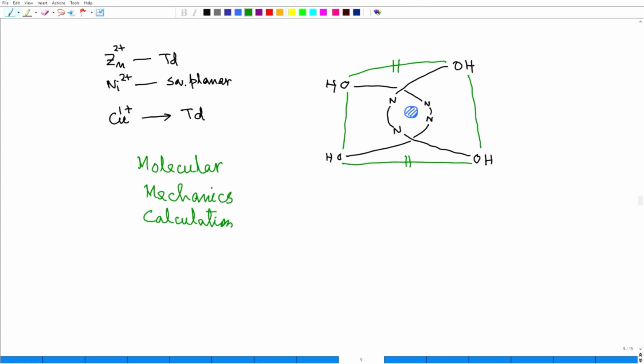Intra, we want intra, not inter. So, accordingly we choose our compound.